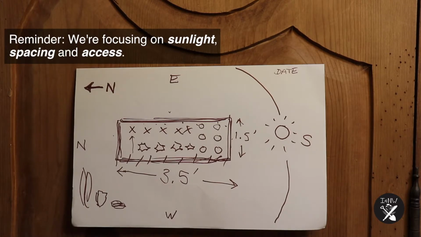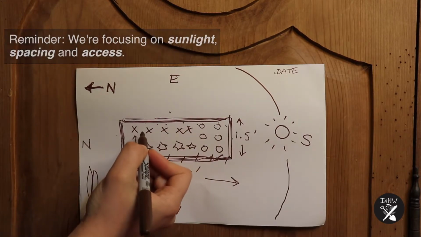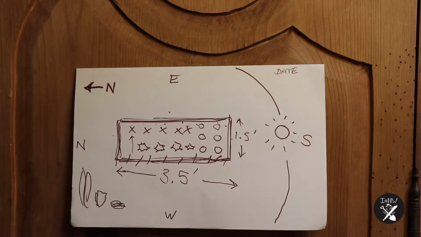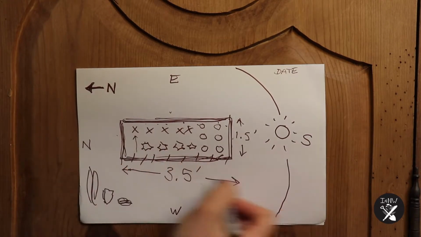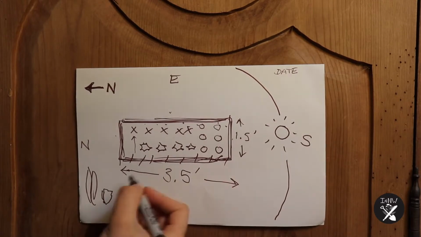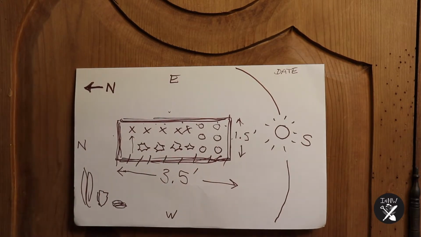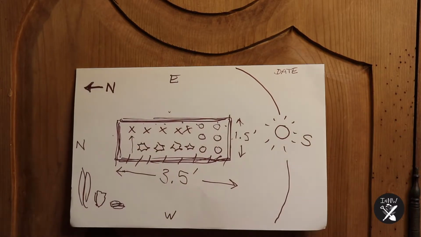Sunlight, spacing, and access. I've drawn these plants here just as examples, but when you think about the overall length or area of your bed, a really common thing that a lot of us have done when planting a garden is to get really excited about our plants and put them right next to each other.